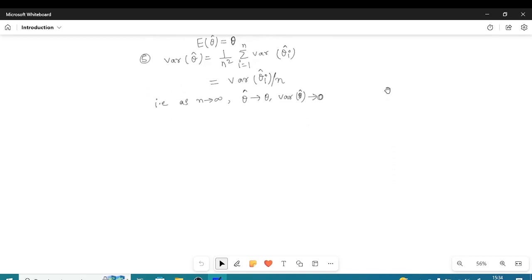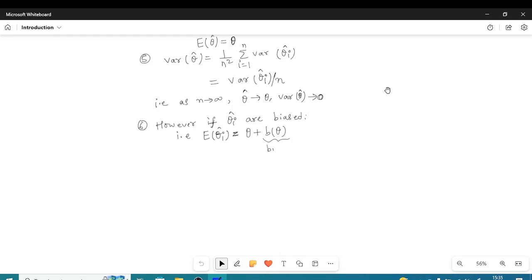However, if theta i hat are biased, that is, average value of theta i hat is a sum of two components, that is theta plus the bias term.